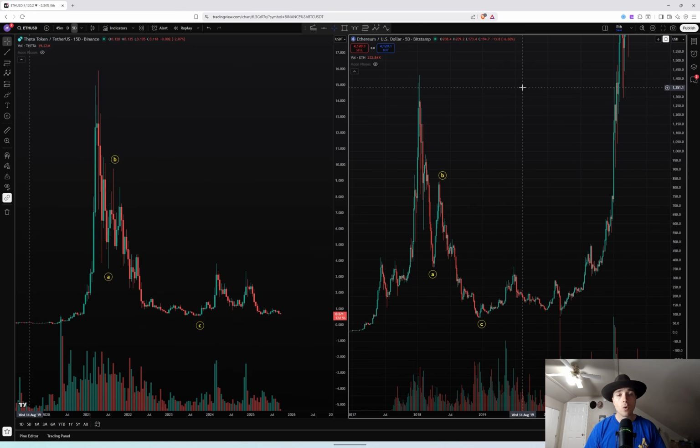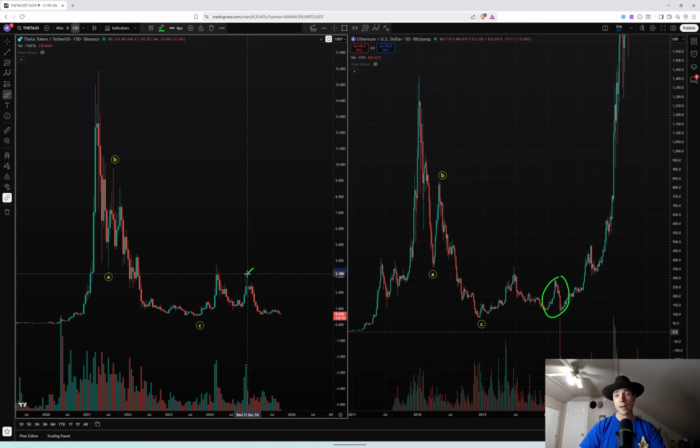It's just different coins doing the same thing at a different time. So once you understand this pattern of human emotion, you buy when people are fearful, like Ethereum over here in 2020, when everybody panic sold during the COVID drop. Right after that, we had a huge parabolic run, as you can see, and that's exactly what I expect for Theta in the near future.